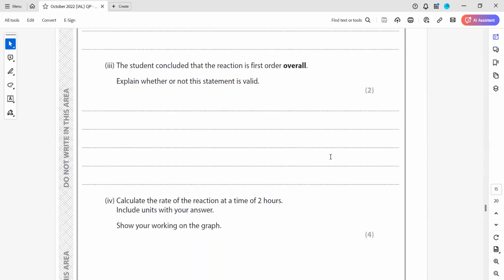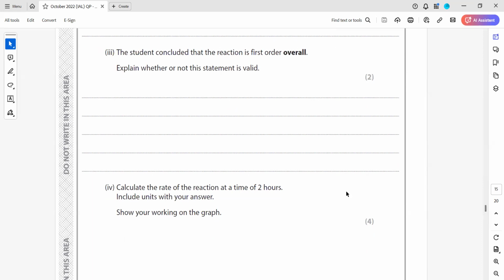The student concluded that the reaction is overall first order. Explain whether or not this statement is valid. So the student concluded that overall this reaction is first order.